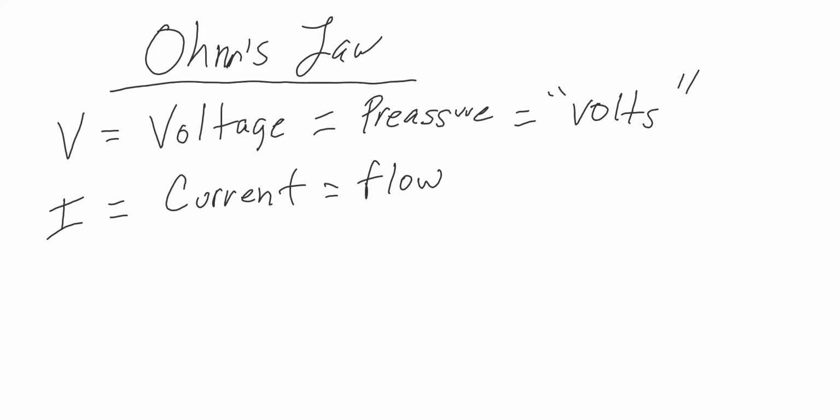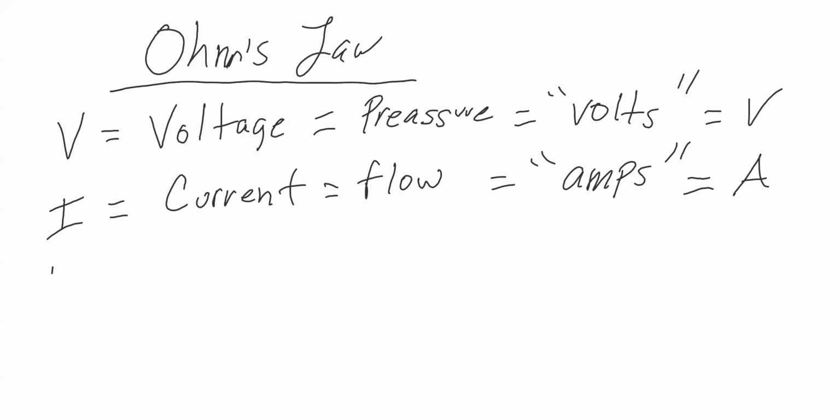Water has pressure and water also has flow. And that is denoted as amps. And sometimes we use the letter A to represent amps, just like we use the letter V to represent volts.